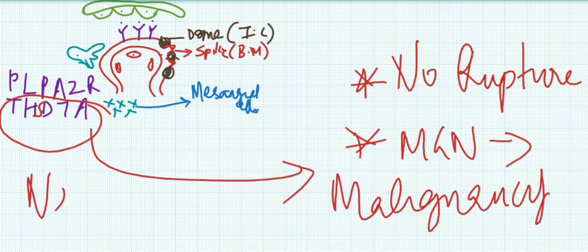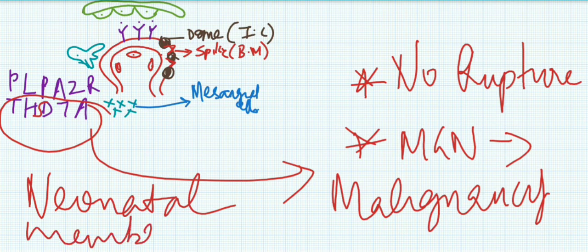These PLA2R and THSD7A are the antigens against which antibodies will be there, so they can be used to assess the severity of the disease. When the disease is more active, you will get a lot of antibodies against them, so that can be used to test the severity of this disease.